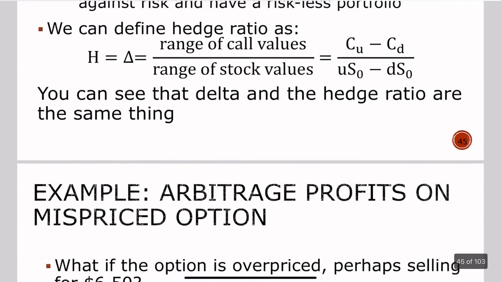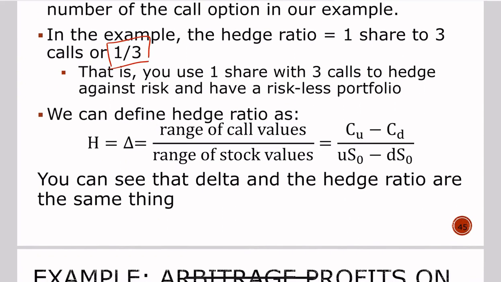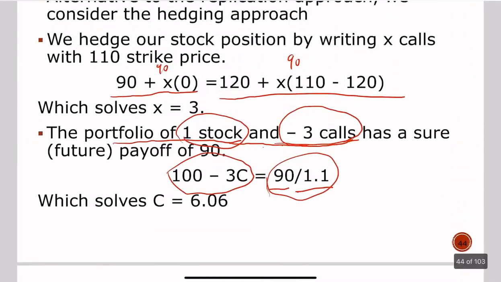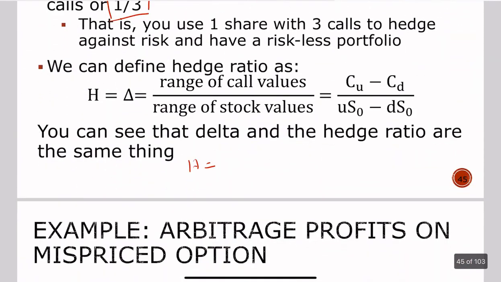So let's see how we could check whether this formula holds or not. What is CU? Maybe we should first look at this. What is US0? That is the higher share price. Well, it's just 120, right? And the lower price is 90. What is CU?